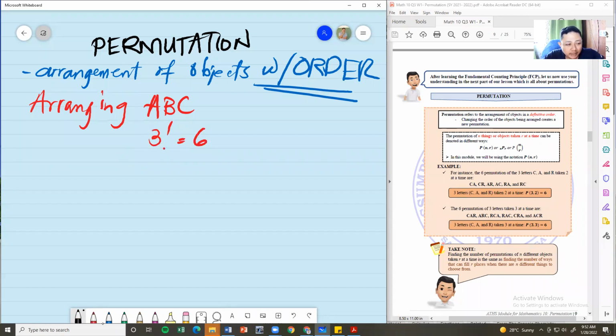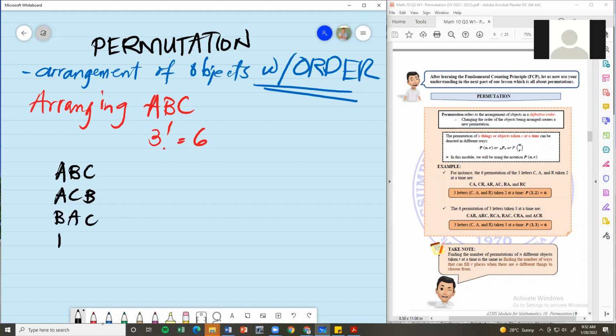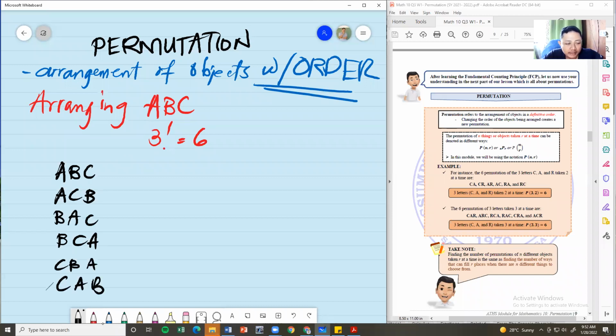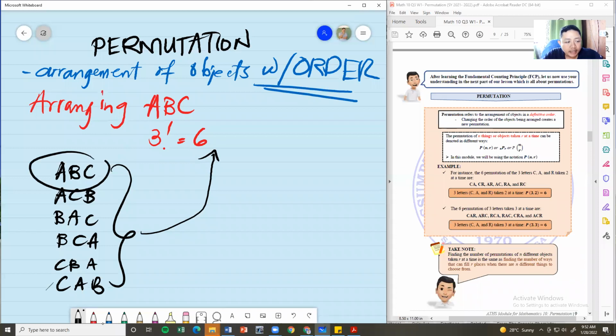What are those arrangements? We have A, B, C. A, C, B. B, A, C. B, C, A. C, B, A. And C, A, B. These are the 6 arrangements of A, B, C. And take note, A, B, C is one permutation.